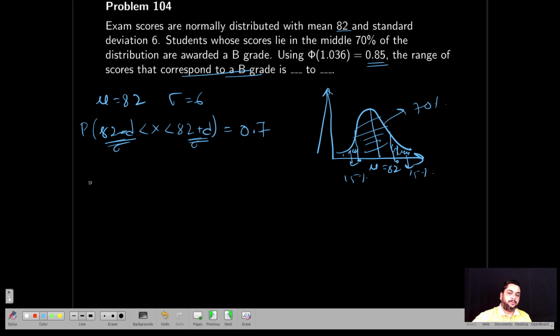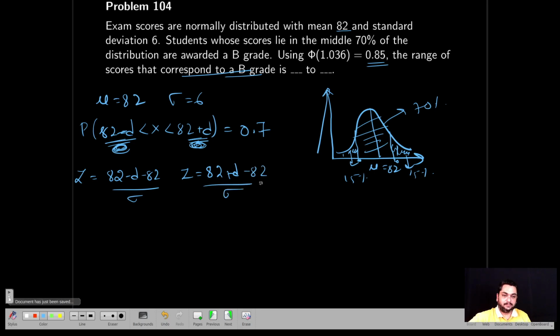Sorry, first I converted to Z. So Z equals 82 minus D minus 82 divided by sigma, and the other Z equals 82 plus D minus 82 divided by sigma.